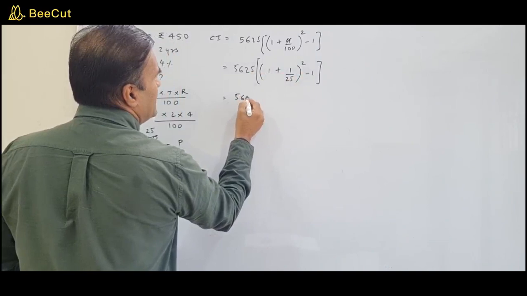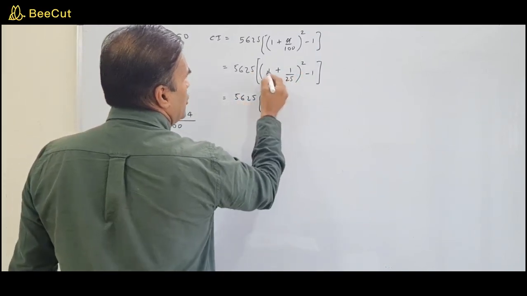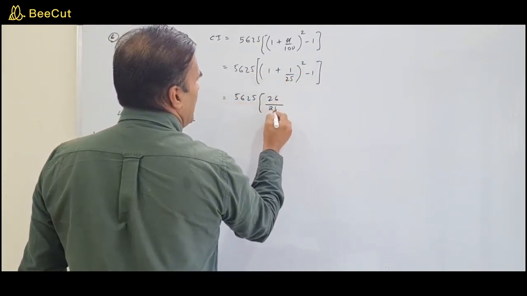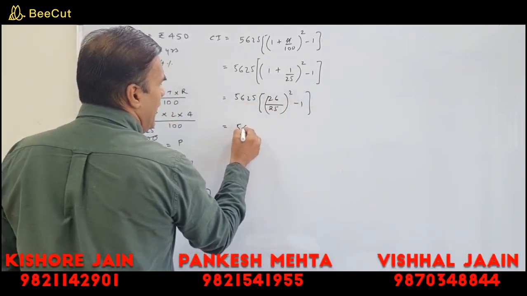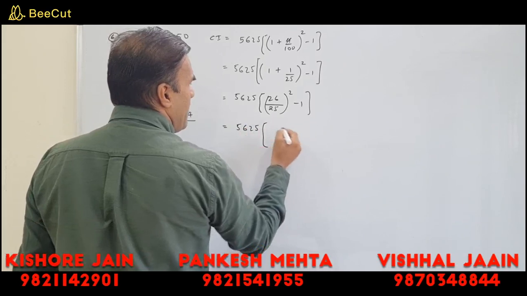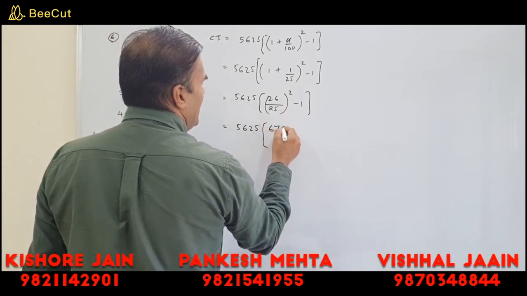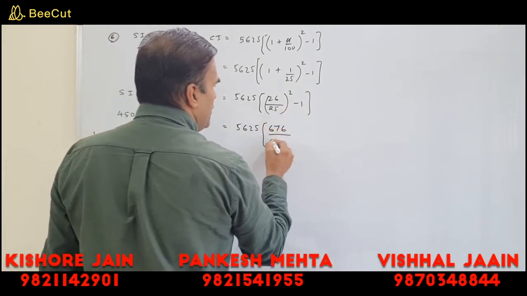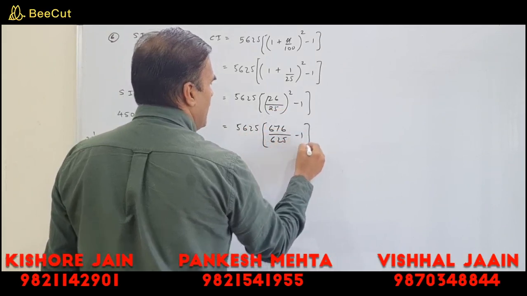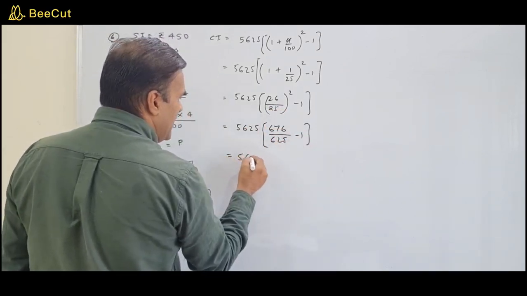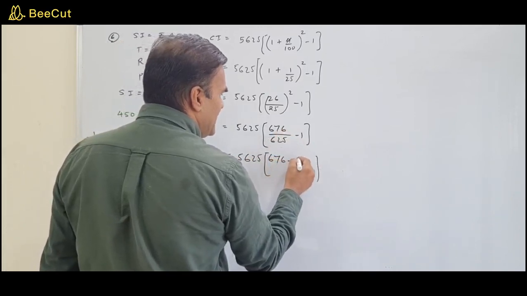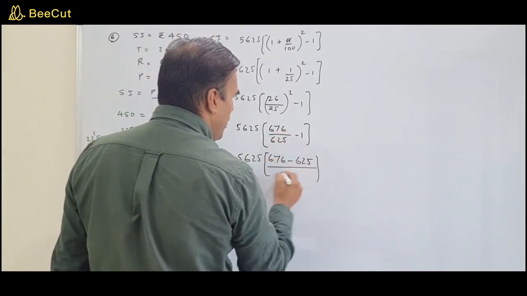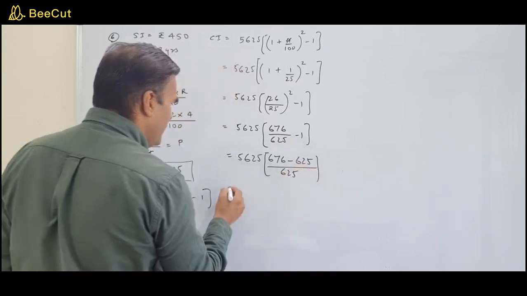That gives me 5625 times (26 upon 25) the whole square, minus 1. That would be 5625 times (676 upon 625 minus 1). Take the LCM: 676 minus 625 upon 625.